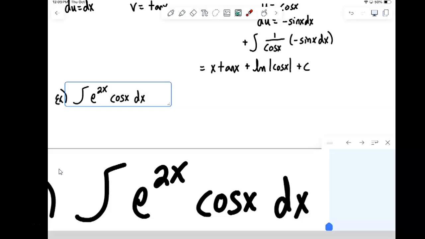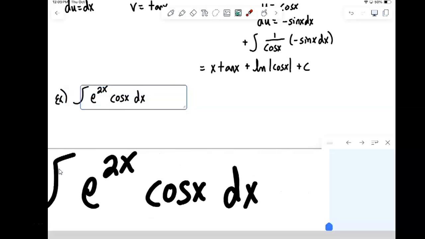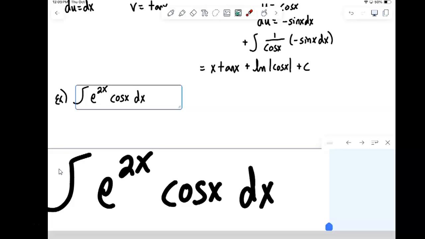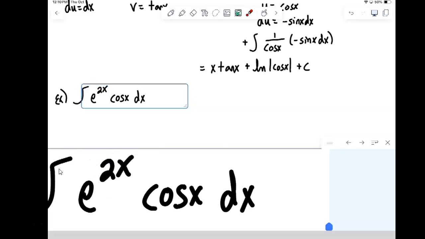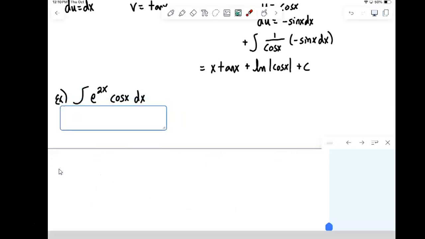So we pick one to be our u, we pick one to be our dv. It actually turns out in this problem with e to the 2x cosine, or if you had an e to the x and a sine x, the same kind of thing, it actually doesn't matter which one you let be u or dv. It will eventually work.